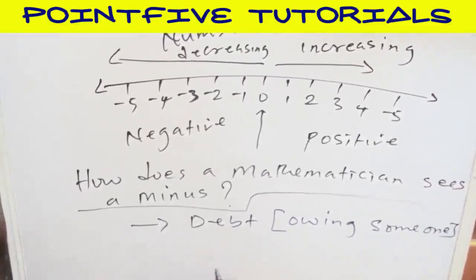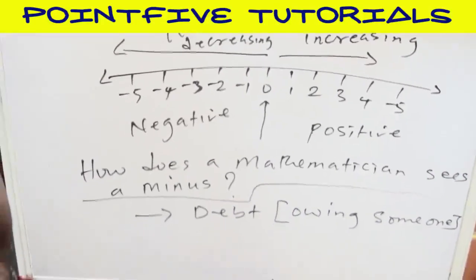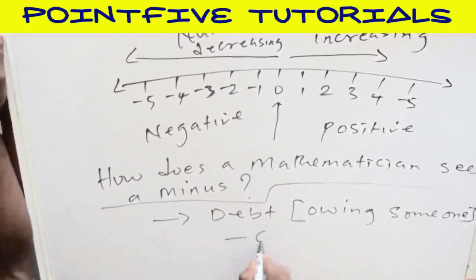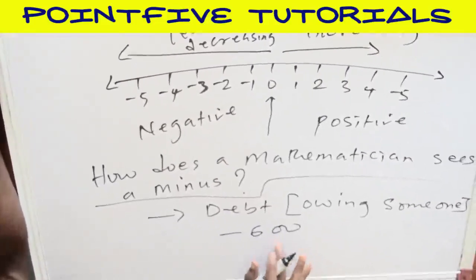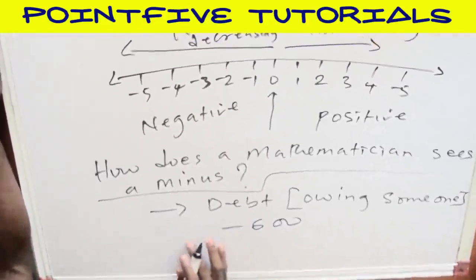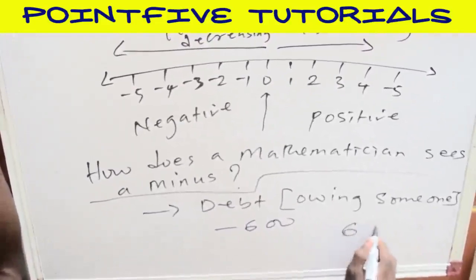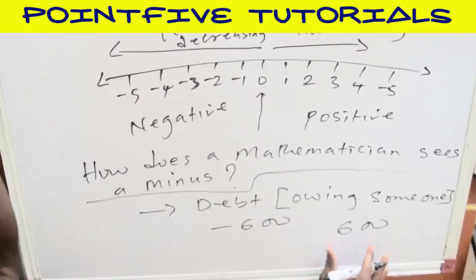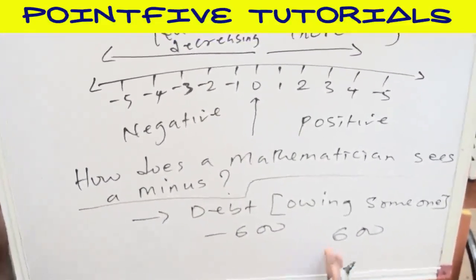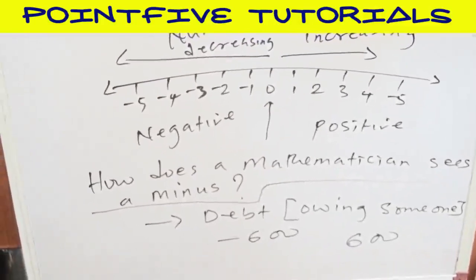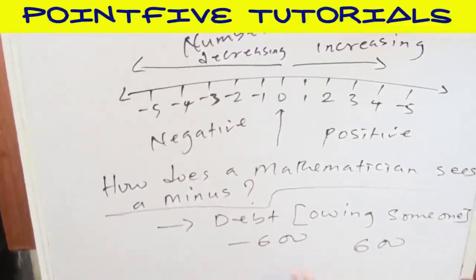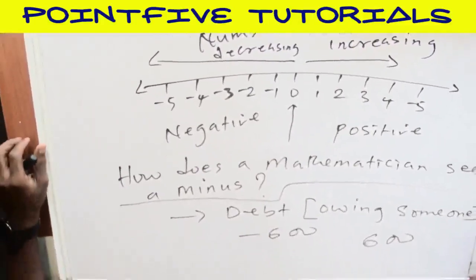So if you are owing me 600, you just write 600. After writing 600, you put minus at the front. If you write 600 without this minus, it means that you are not owing me, so your illustration is not valid at all. When you are owing somebody, you put what? Minus at the front.